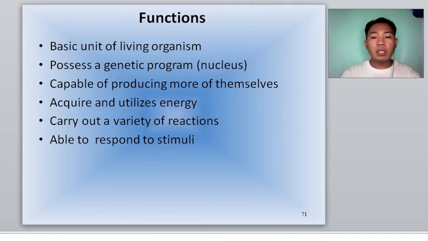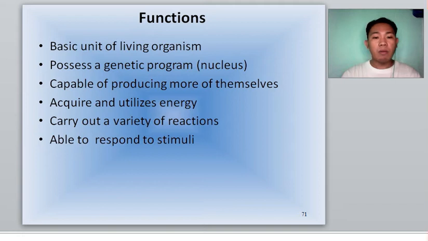As to the functions of the cell, it is said to be the basic unit of living organisms, and it always possesses a genetic program which is located inside the nucleus in the form of DNA, or deoxyribonucleic acid. Cells are capable of producing more of themselves because of this DNA.